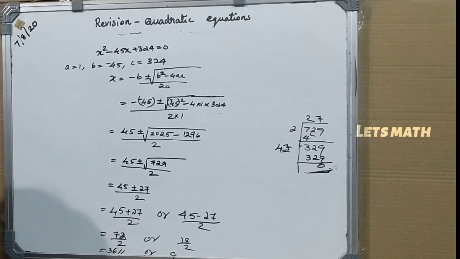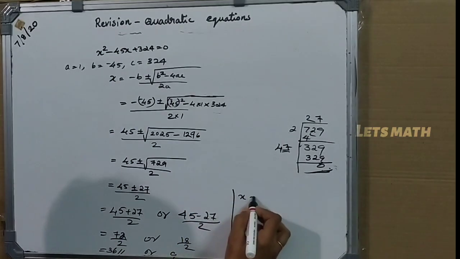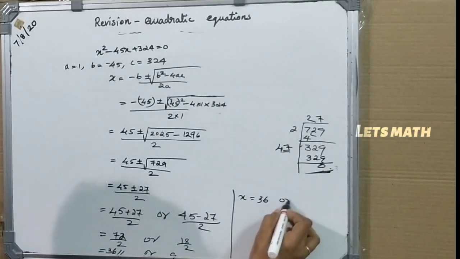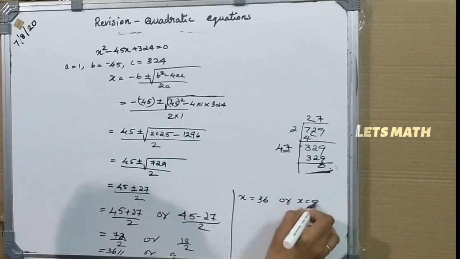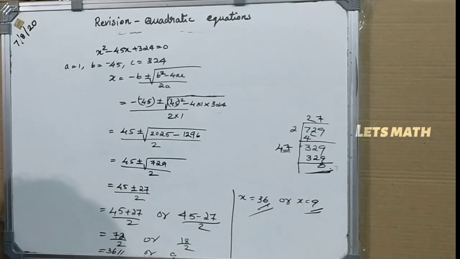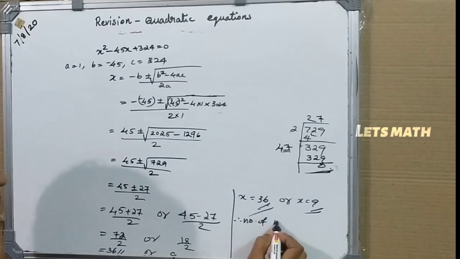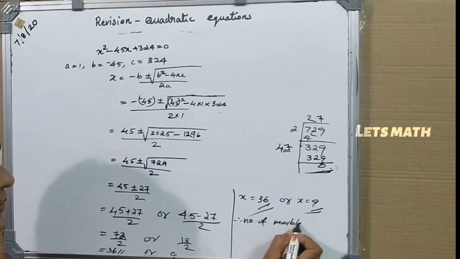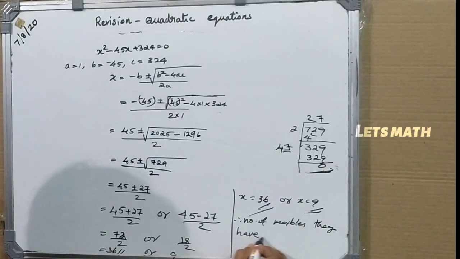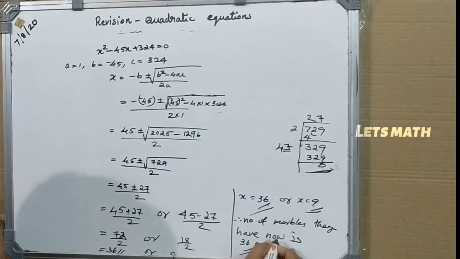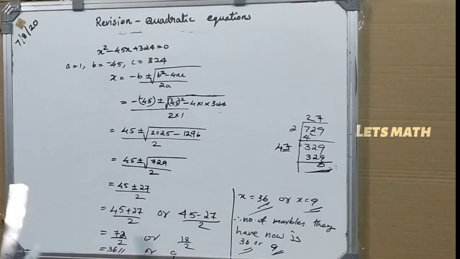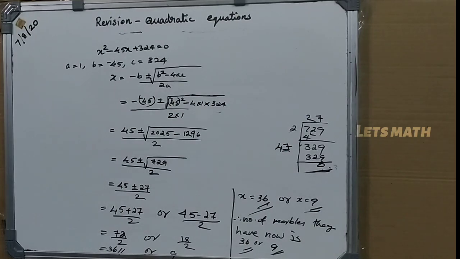So x is equal to 36 or x is equal to 9. The number of marbles they have now is 36 or 9. In both cases, the situation will be correct.